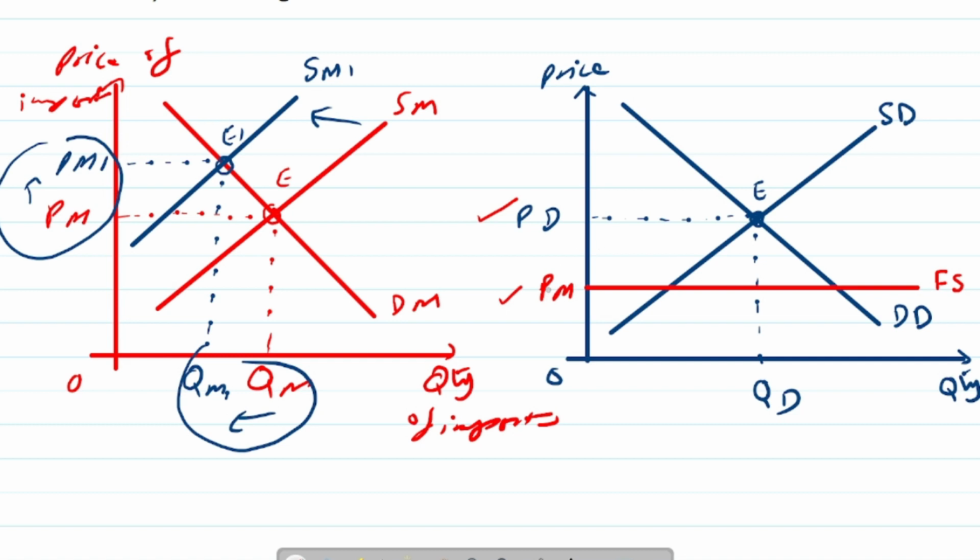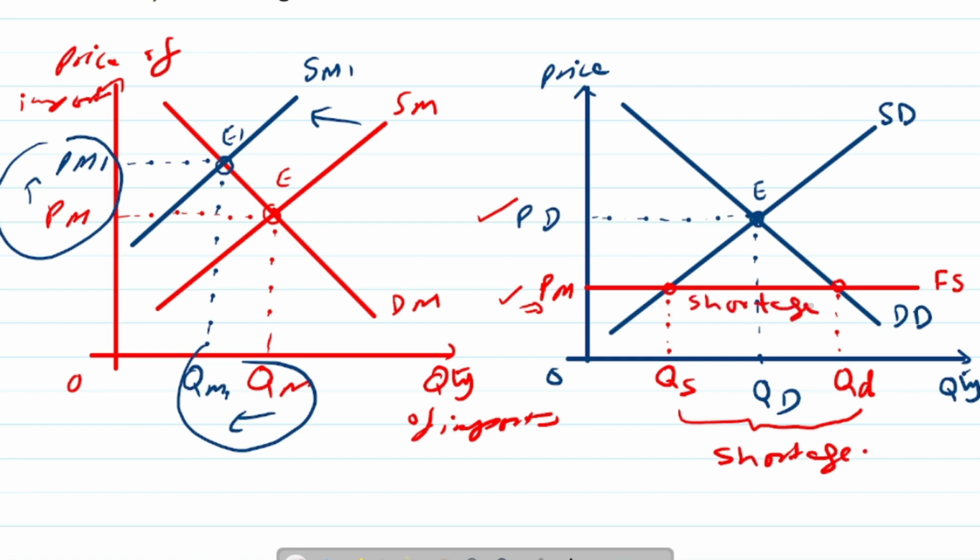But against this price PM, domestic suppliers will supply this much quantity QS, and the domestic consumers will purchase this much quantity, that is QD. So the gap between QS and QD is shortage, and you can label shortage here as well.